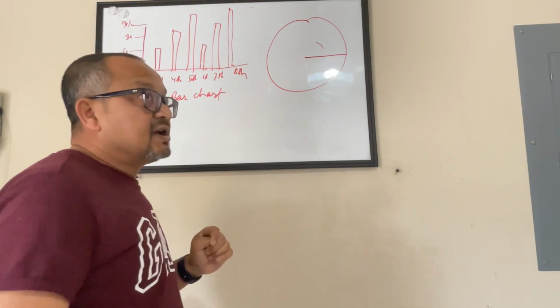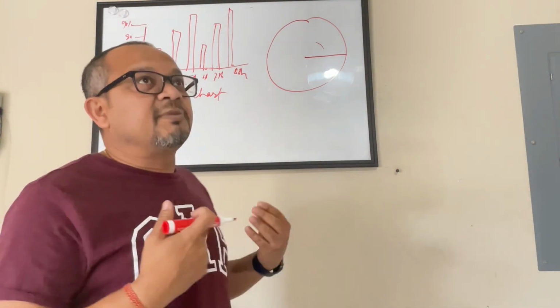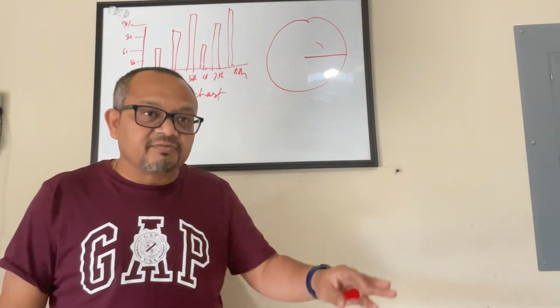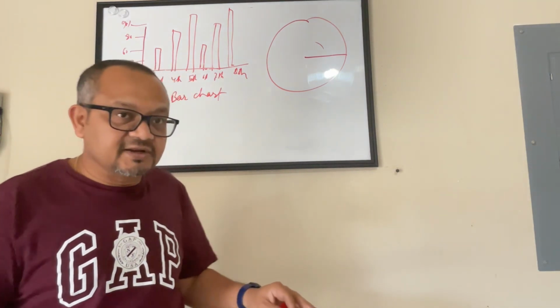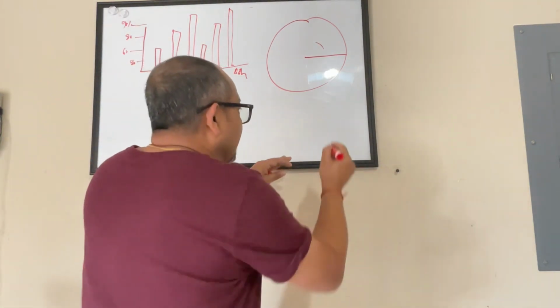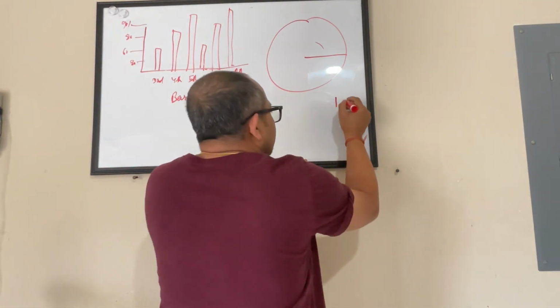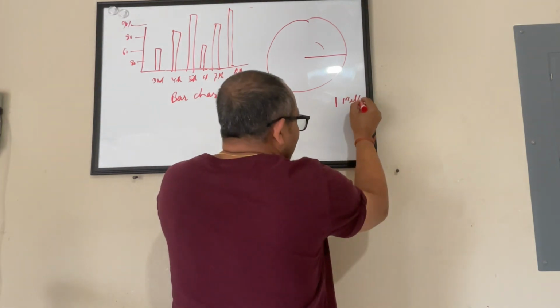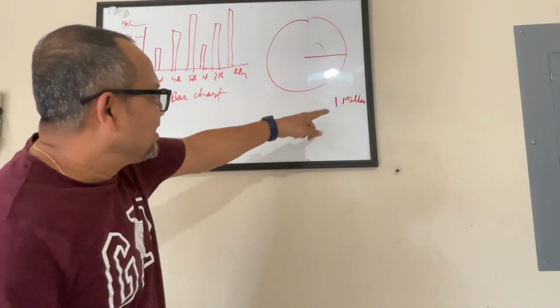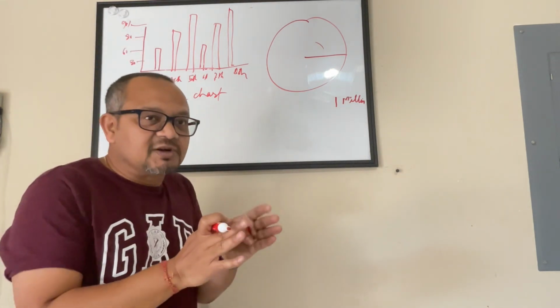Let's say my grandfather's wealth was distributed among my dad and his siblings. There were 4 children, let's say. So my grandfather had 1 million. I know he did not have 1 million, but I'm just making it up. So he had to distribute it among 4 of his children.